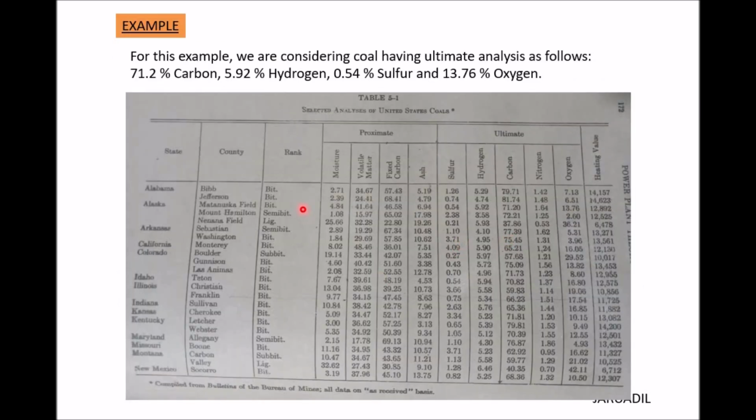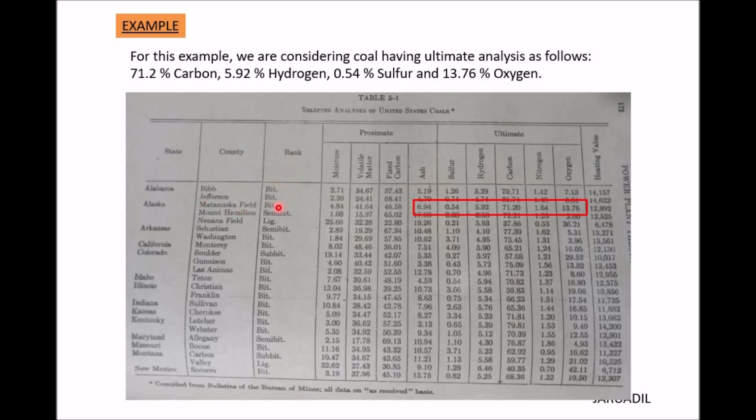So let us take an example. For this example, we are considering coal having ultimate analysis as follows. So kukuha tayo doon sa table 5-1 ng book na Power Plant Theory and Design by Potter. So let us choose one here. So let us choose this coal from the state of Alaska, county, Matanuska field.